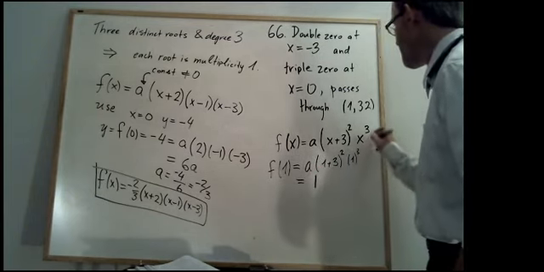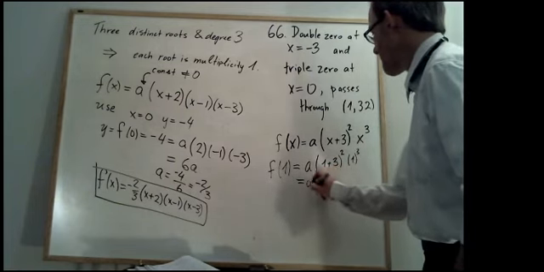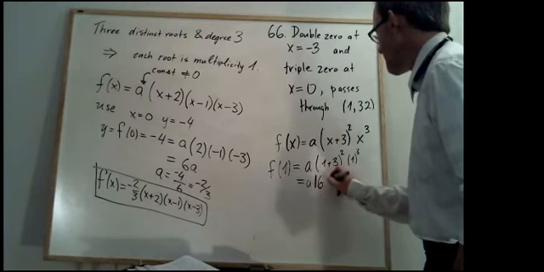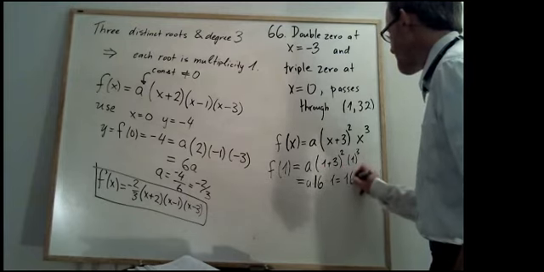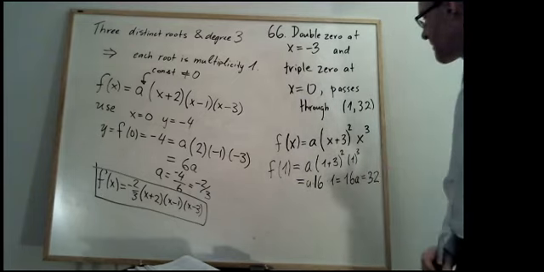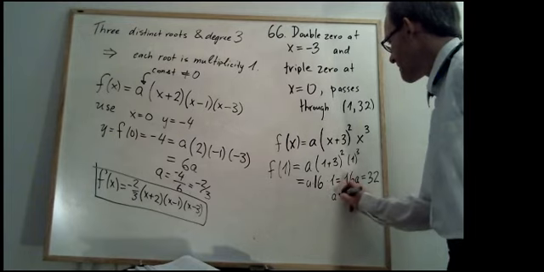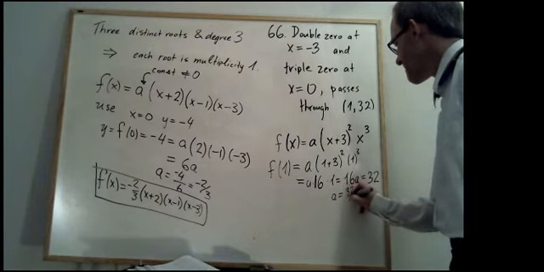This is 1 cubed, which is 1. So I get a times 16 times 1, so 16a. And now if that's 32, then I have an equation I can solve for a. I can divide 32 over 16, and I get 2.